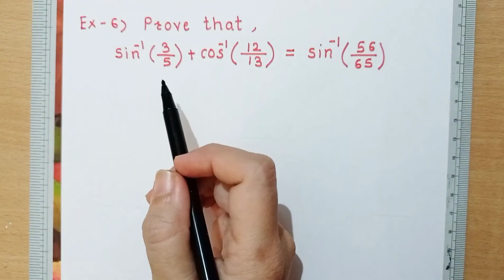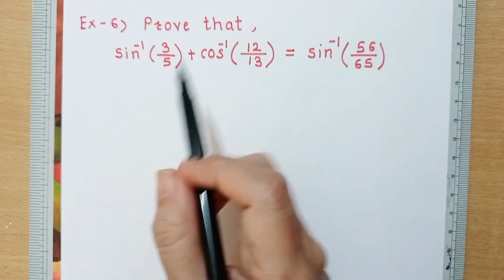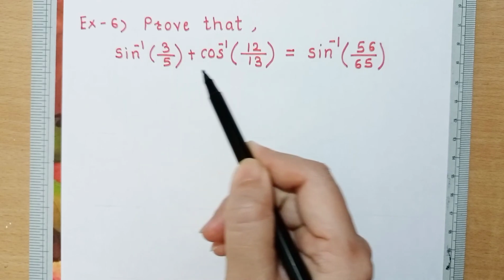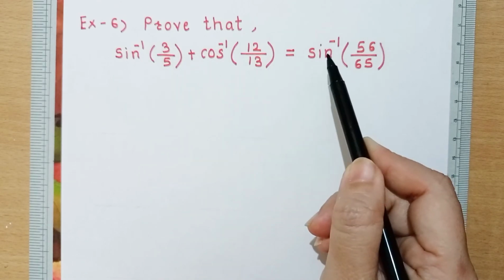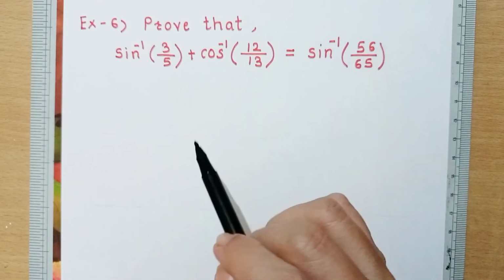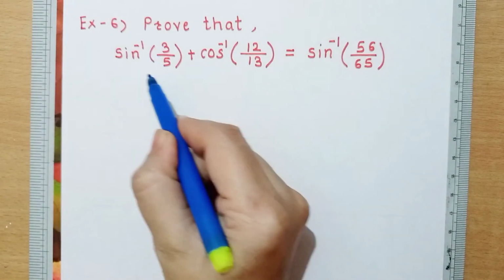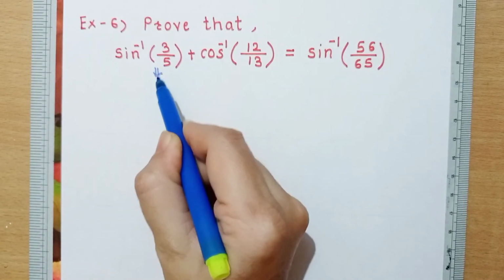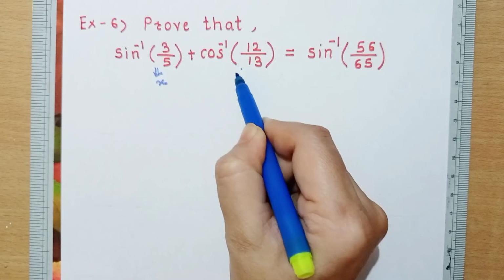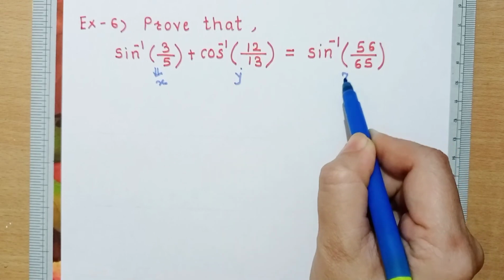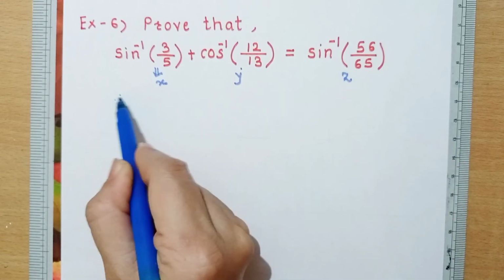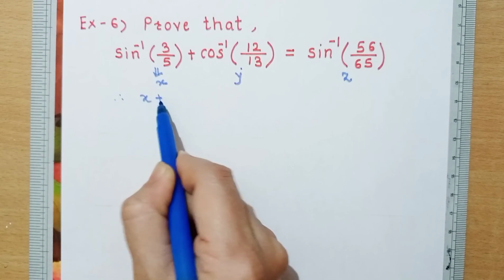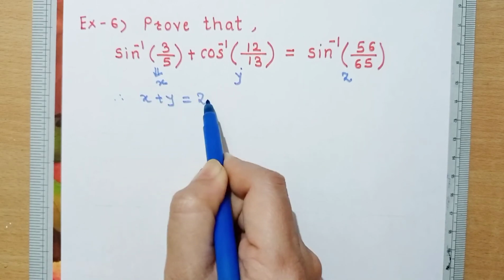This is our last example and here also we have to prove this LHS equal to sine inverse of 56 upon 65. So for this first we will assume this function as x, this function as y, this function as z. That means we have to prove that x plus y equal to z.